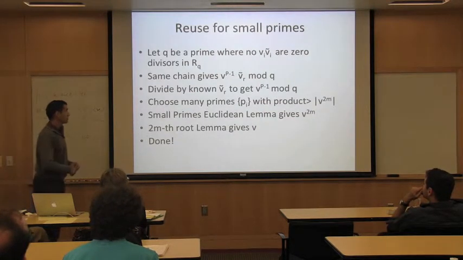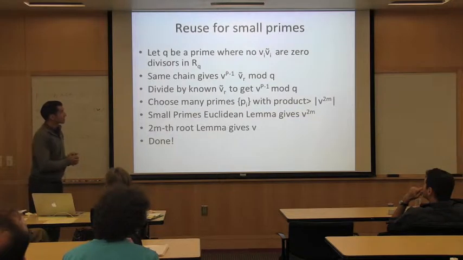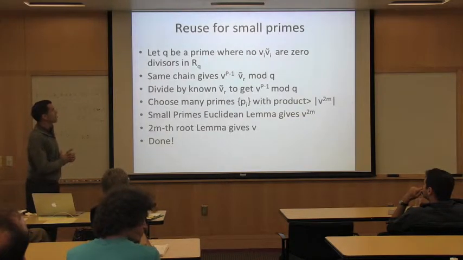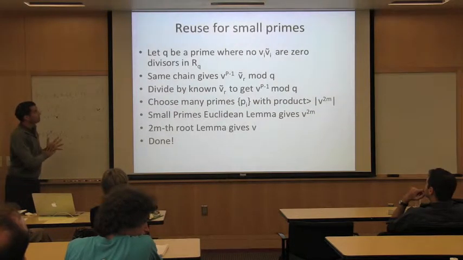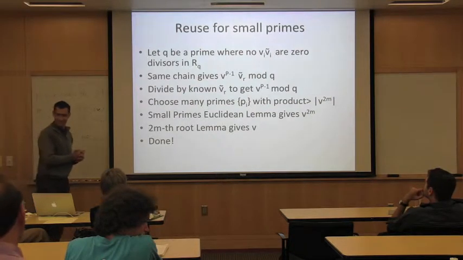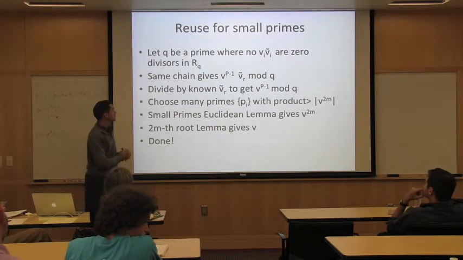Then we're going to reuse this for our small primes. So let Q be a different prime, where none of these VIs are zero divisors in R mod QR. Sorry about the notation. There's a lot of small primes, so just pick one. That's not bothersome in that way.